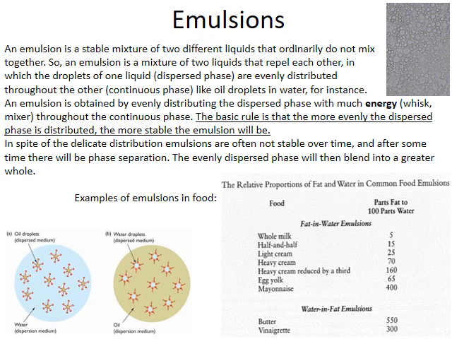So an emulsion is a combination of mixed liquids that normally do not mix. Because of the repelling, because of the differences in secondary interaction forces, a separation in time will take place.